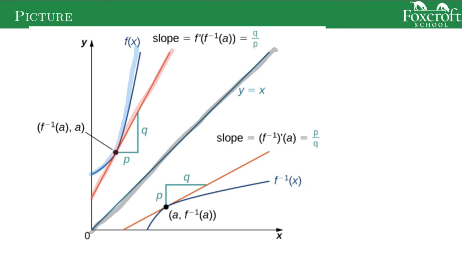And reflected over the diagonal line, my inverse graph is this graph. It has this tangent line. And you can see whenever we have a tangent line on the original, when it flips, the run here becomes the rise there, and the rise there becomes the run there. So if we know one slope, we can get the other slope. So the slopes of derivatives and inverses are related.